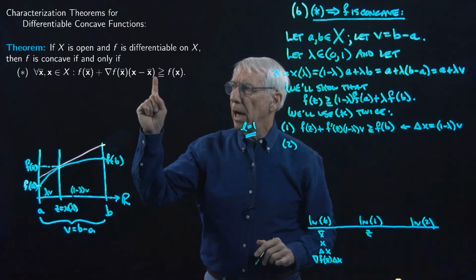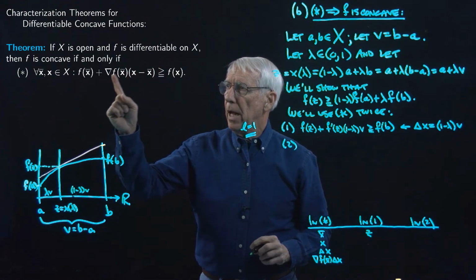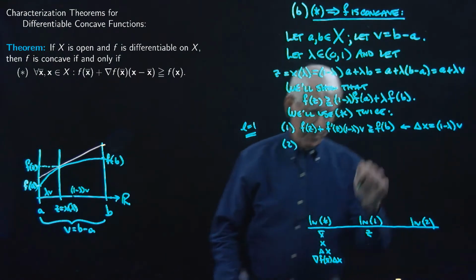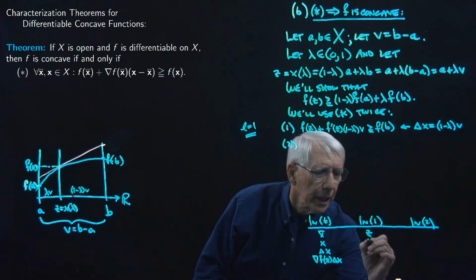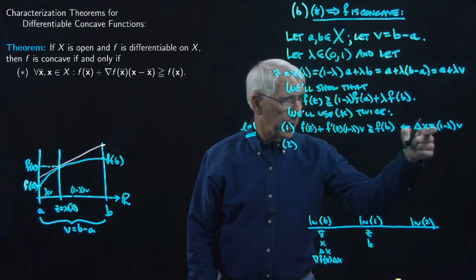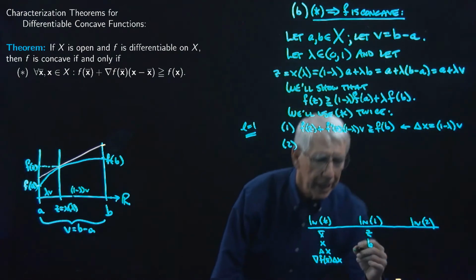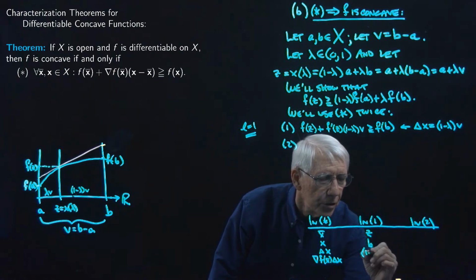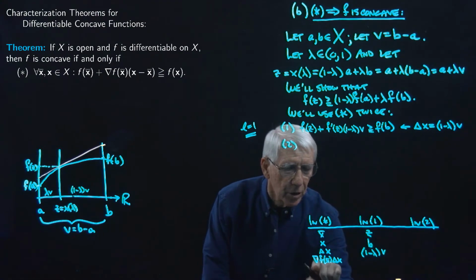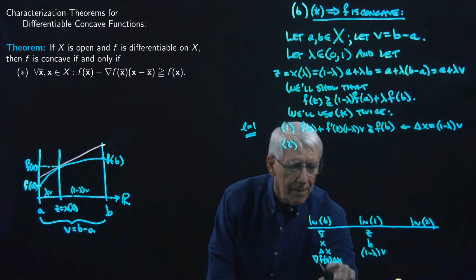We have f of x on the right-hand side, and here we have f of b. So b is playing the role of x. Delta x here, we've said, is 1 minus lambda times v. So this is 1 minus lambda times v. And so this is the gradient of f of x times delta x.